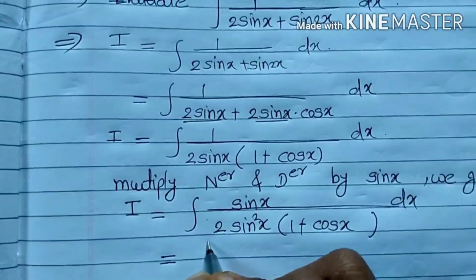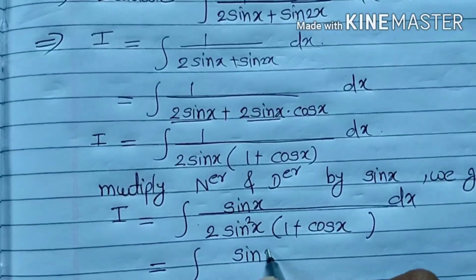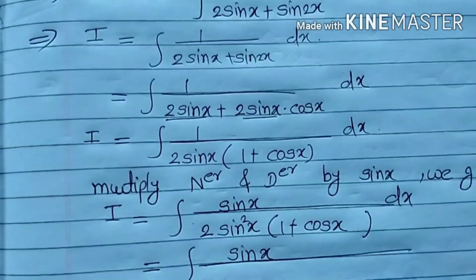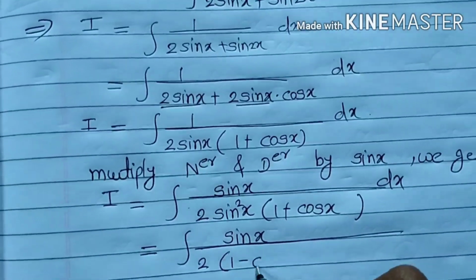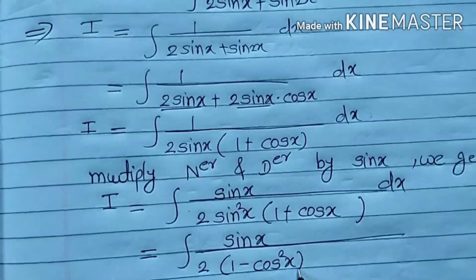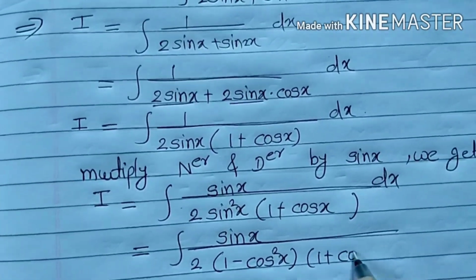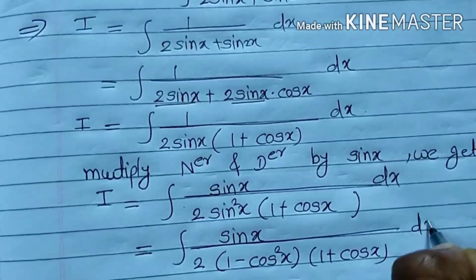Now next, we know the identity, so it is 2 into 1 minus cos square x into 1 plus cos x into dx.